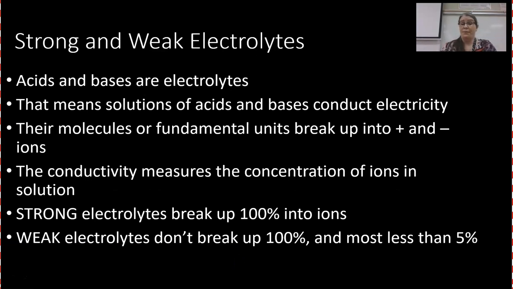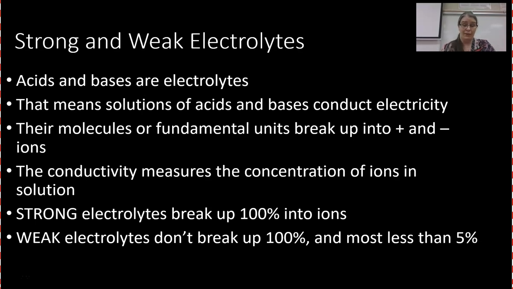As I mentioned, acids and bases are electrolytes. That means that, as we saw, our solutions of acids and bases do conduct electricity because they break up into those plus and minus ions. So the conductivity is a measure of the concentration of ions in solution. The more ions there are, the more conductive it is. And since we know strong electrolytes break up 100% into ions, and strong acids and bases break up 100% into their ions, then strong acids and bases are automatically strong electrolytes.